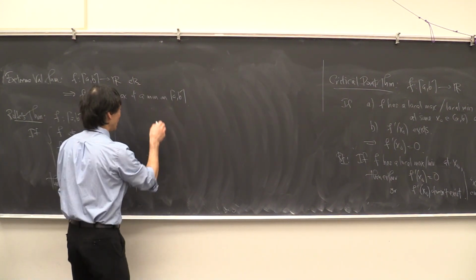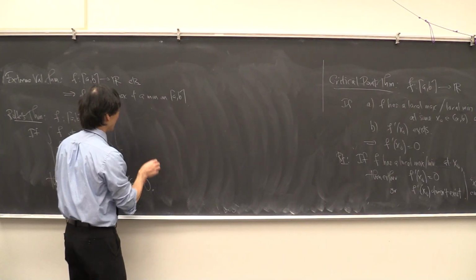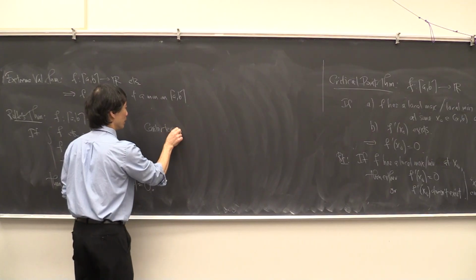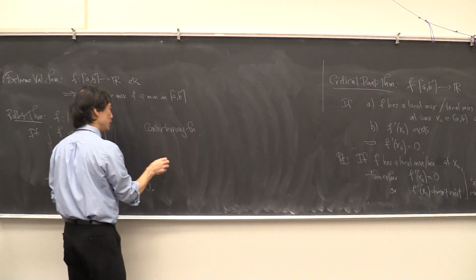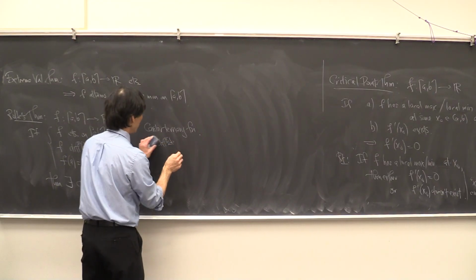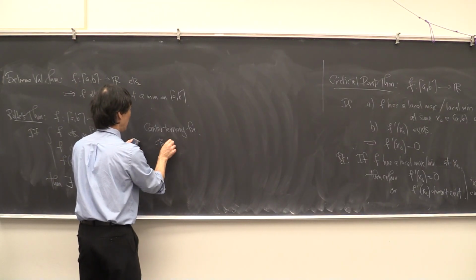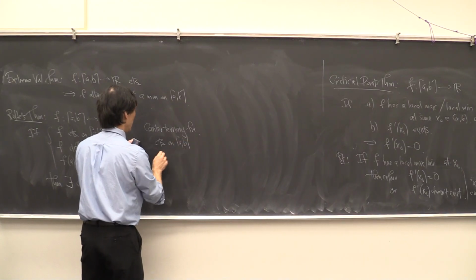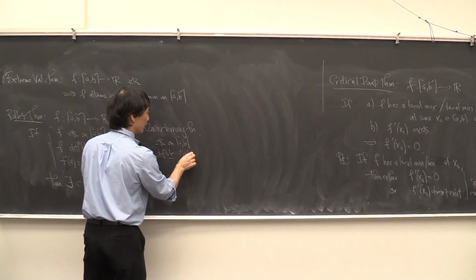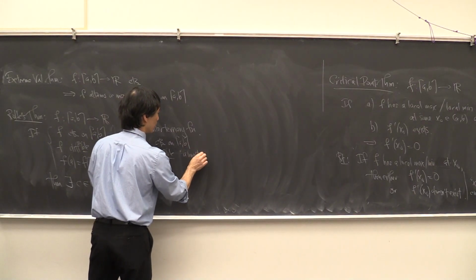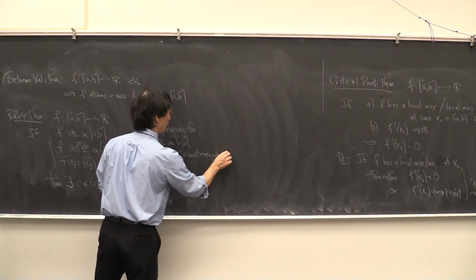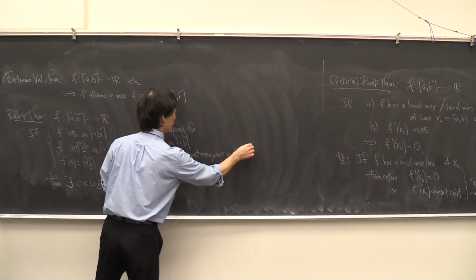But I should say that there are really pathological things in mathematics, like the so-called Cantor ternary function, which is continuous on [a, b]. It's differentiable almost everywhere on the interior.